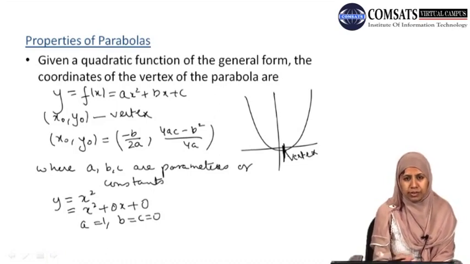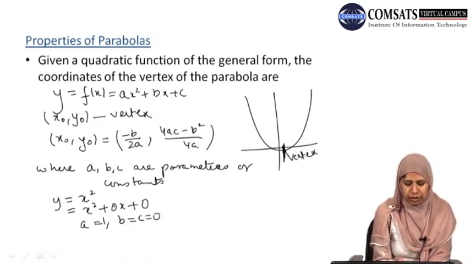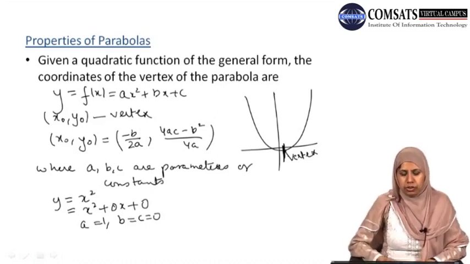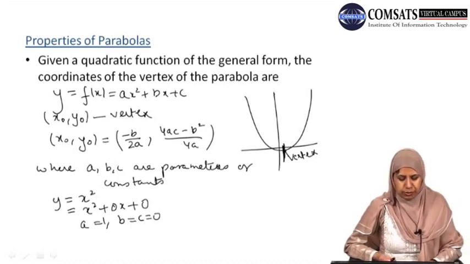If we look at our first example of the quadratic function, it was more or less the same. y equals 5x squared, where both b and c are 0 and a was different from 0.